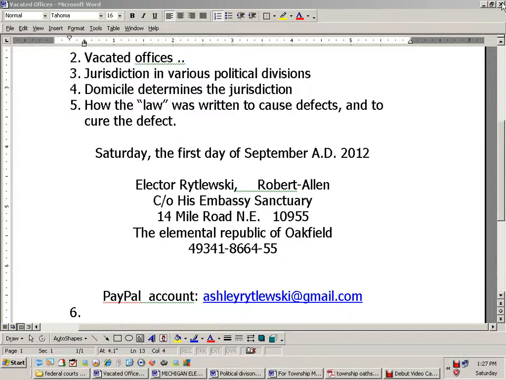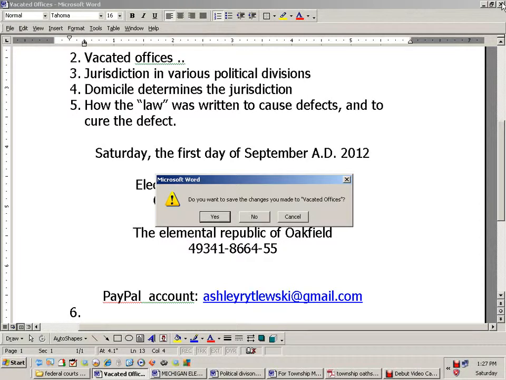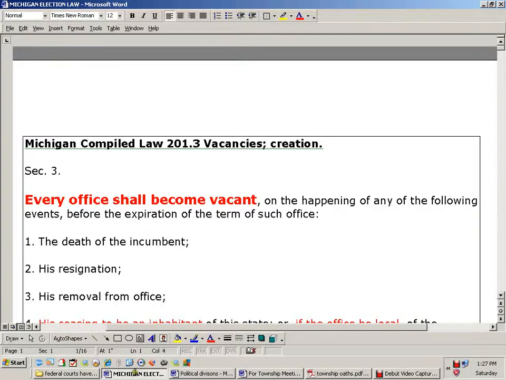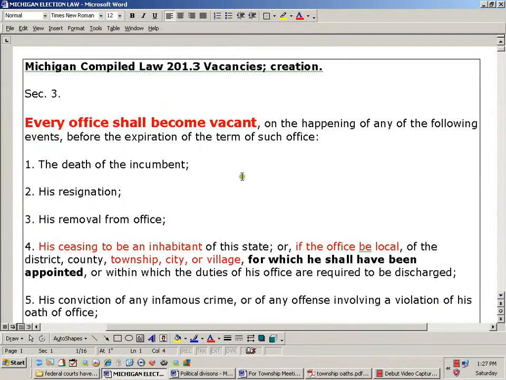So let's look at these vacated offices. In the Michigan Compiled Laws, it says every office shall become vacant upon the happening of the following: his ceasing to be an inhabitant of the state, or if the office be local, district, county, township, city, of which he has been appointed.